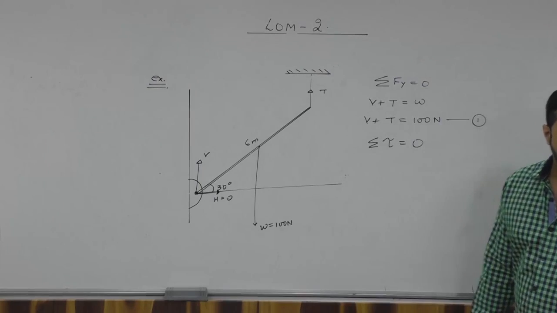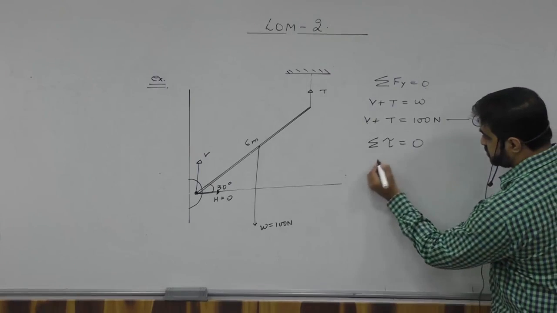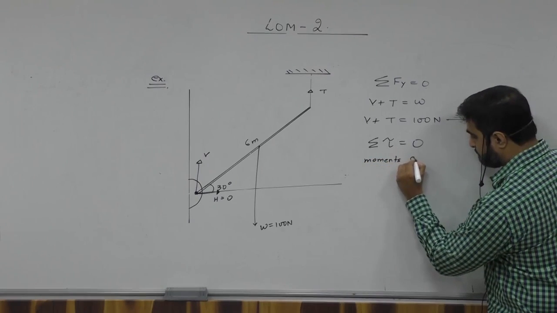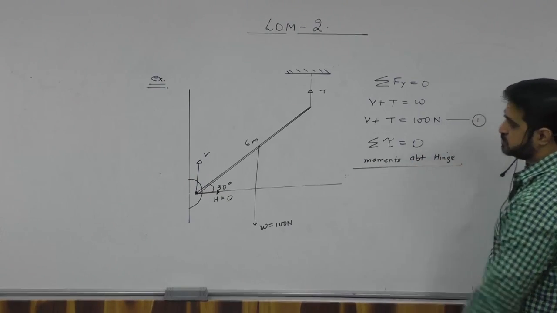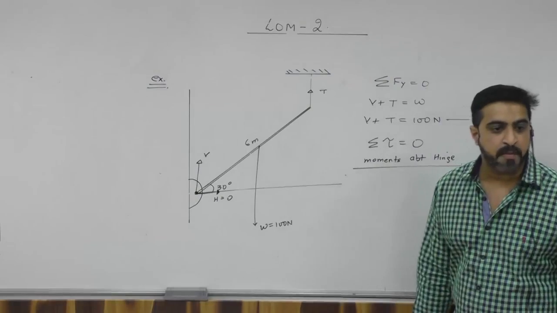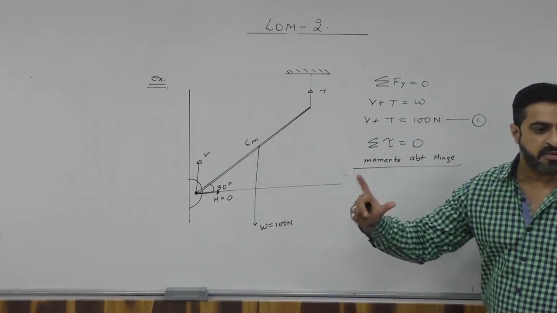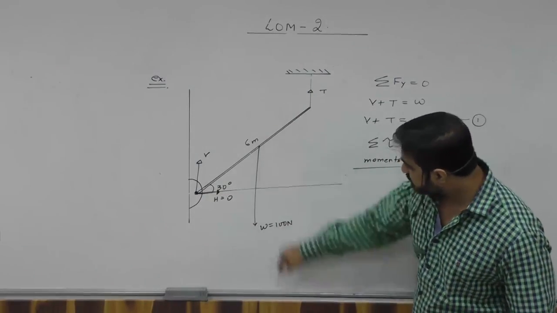For torque, which point will we select? Hinge. So consider moments about the hinge. Force into perpendicular distance. There is no need to calculate perpendicular distance over here. Can I say T into 6 is W into 3?